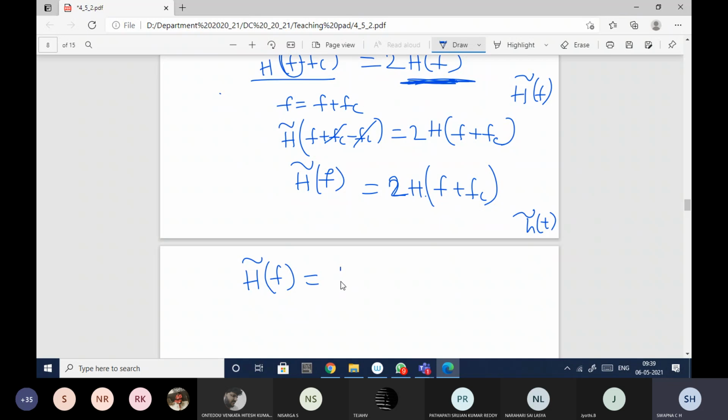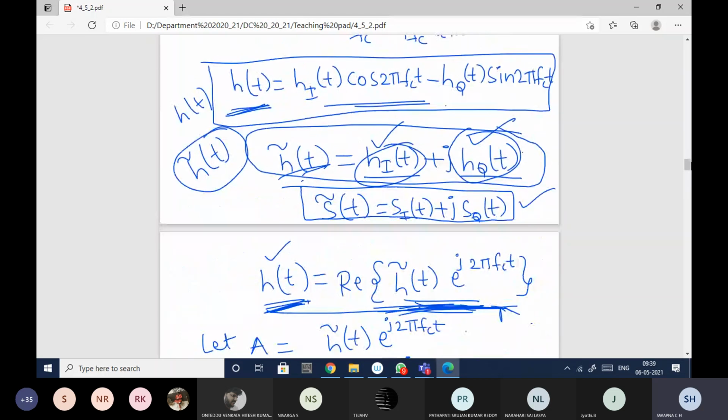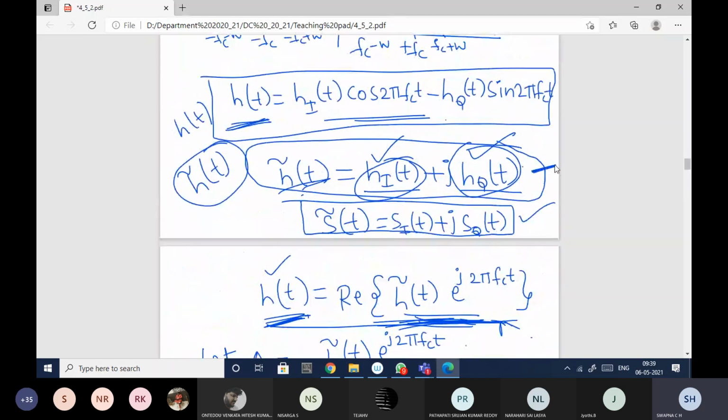H tilde is nothing but h_I tilde plus j times h_Q tilde. H tilde can be represented using the in-phase component and the quadrature component, which I've already represented here somewhere. Here I've represented it in the time domain.